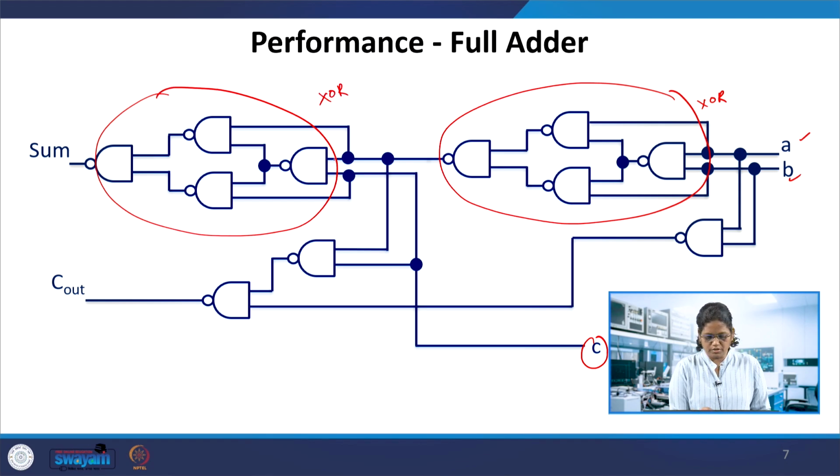The output of the first XOR gate is given to the second one, and similarly C is taken here. These are all two-input NAND gates, and the OR function, and there is one AND function over there. So AB AND, which is coming over here, and the XOR and this mid AND, and this AND, give the C out.